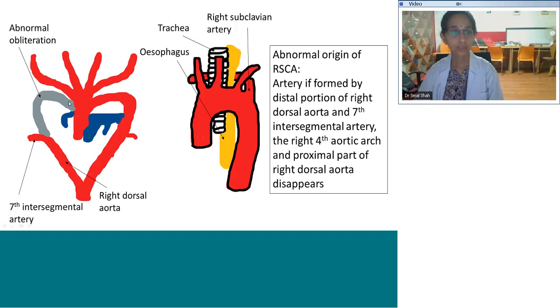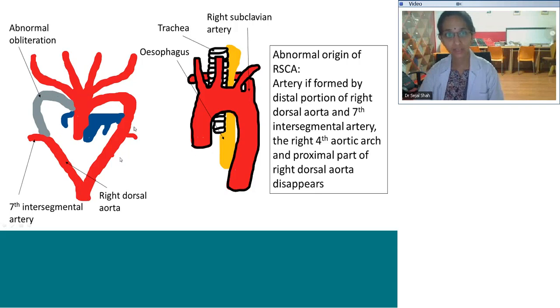You can see here. So the part that normally forms the subclavian gets obliterated, and this part which normally should get obliterated persists. Then the 7th intersegmental artery along with the right dorsal aorta will give rise to the right subclavian.